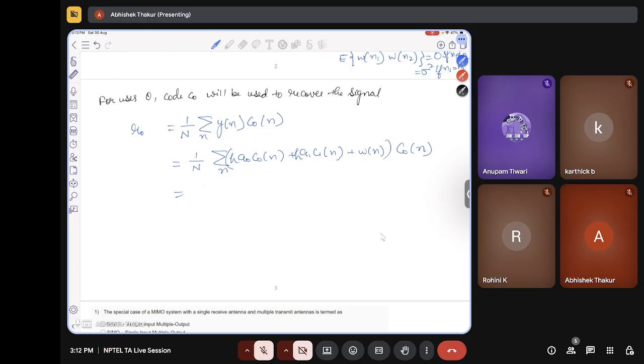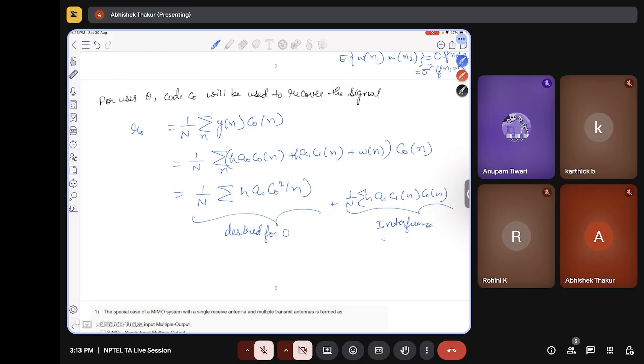So the desired signal for user 0 is 1 by N summation of H A0 C0 squared [n], and the other is the interference signal, A1 C1[n] C0[n].